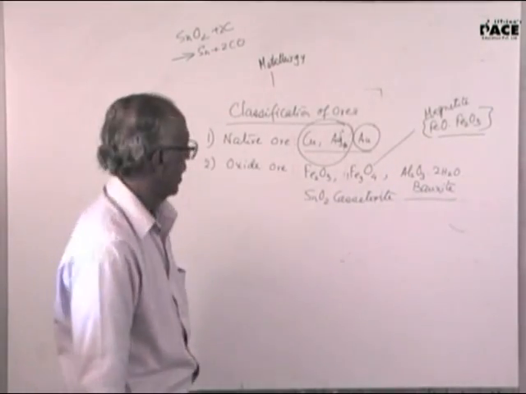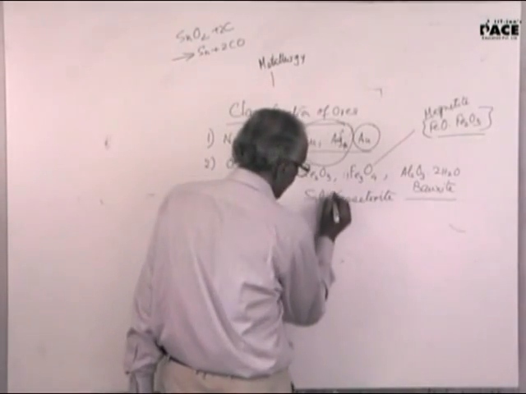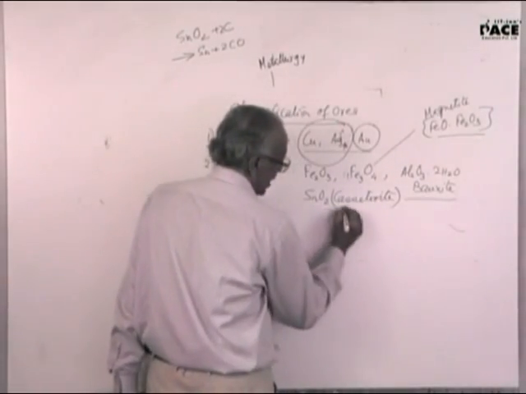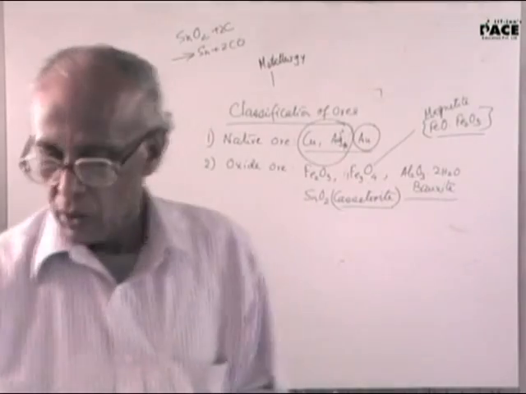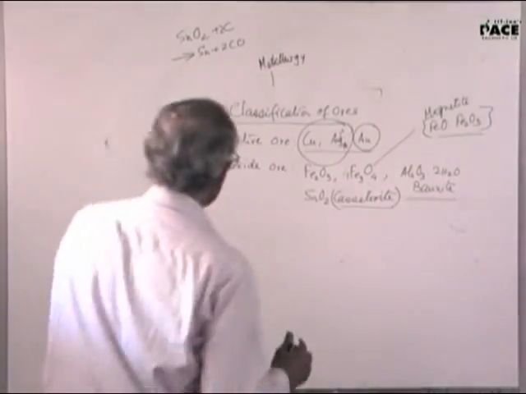Bauxite. And tin dioxide is known as cassiterite. Sulfides.